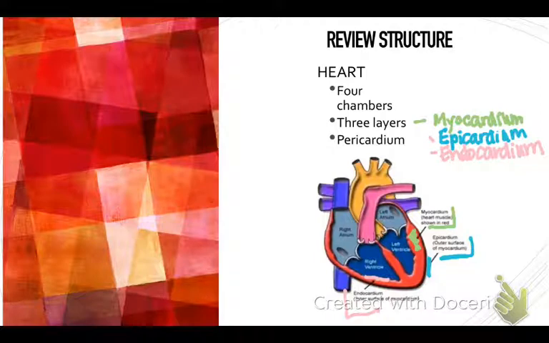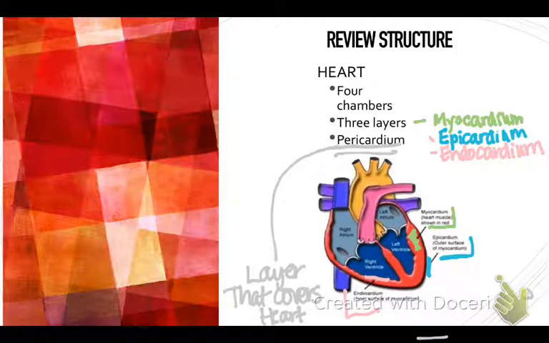Now, all of these, and I'm leaving one off, aren't I? If you remember your anatomy, the pericardium is the layer that covers the heart. It encases the heart. In between the pericardium and the heart, you've got about 10 to 15 milliliters of pericardial fluid. And this fluid keeps the heart bobbing around in there.